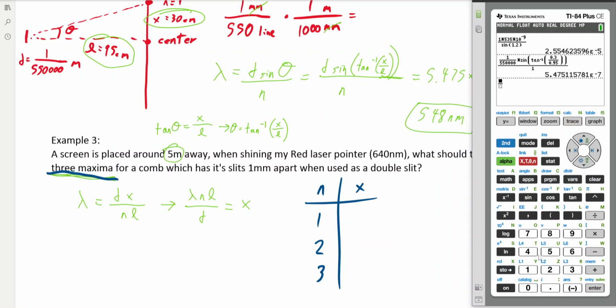So lambda is 640 nanometers, so times 10 to the negative 9, times N, we'll get to that in a second, and times L, the distance to the screen, that's 5 meters. And then the diffraction grating distance, or the distance between the double slits, is 1 millimeter, so 0.00, that's centimeters.